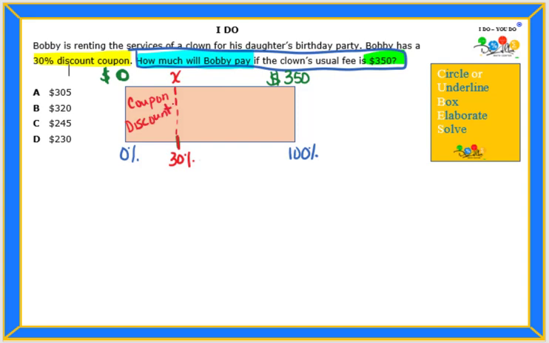So notice that if we get a discount, this amount is what we're going to save, or we're going to take off from the price. So what's left is what we actually have to pay.